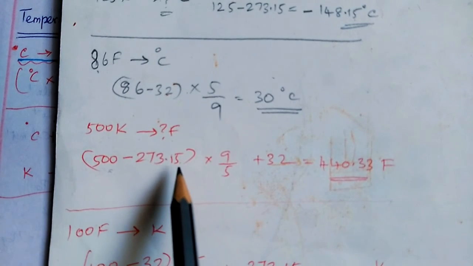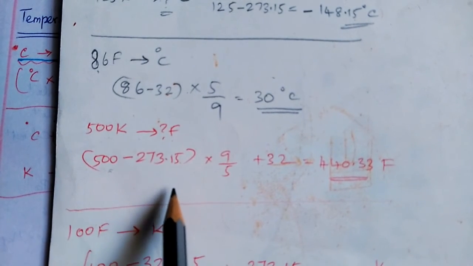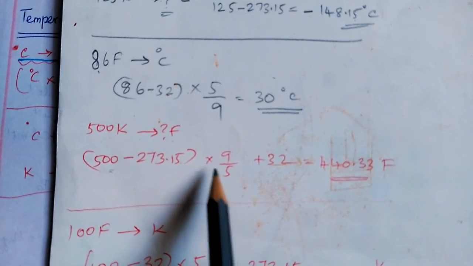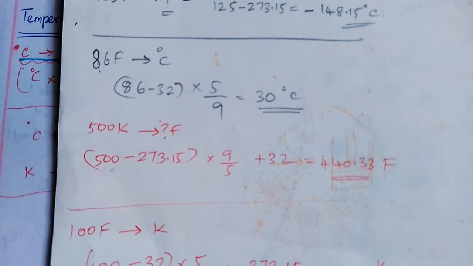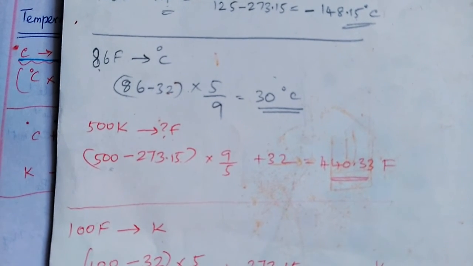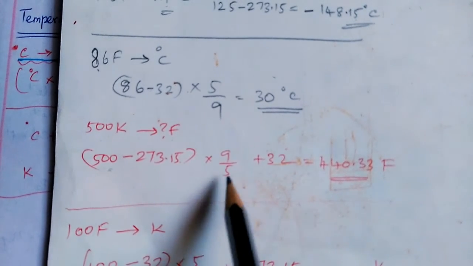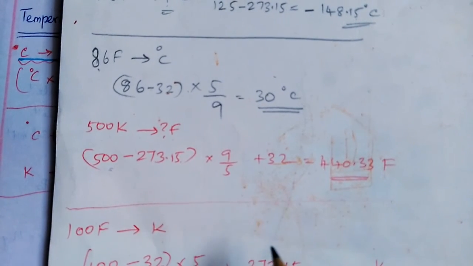So 500 minus 273.15, that should be subtracted first, and we go for multiplying by 9 by 5. Then we have to add 32. So we are getting 440.33 Fahrenheit.